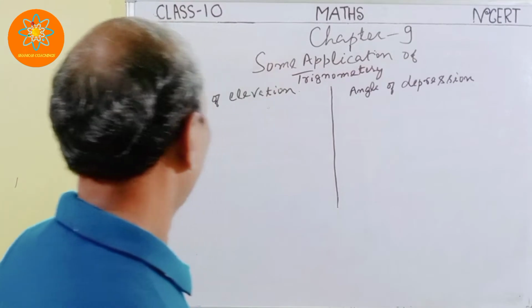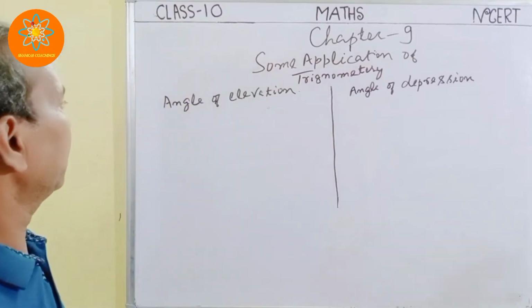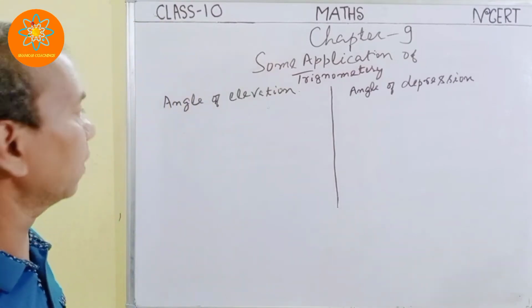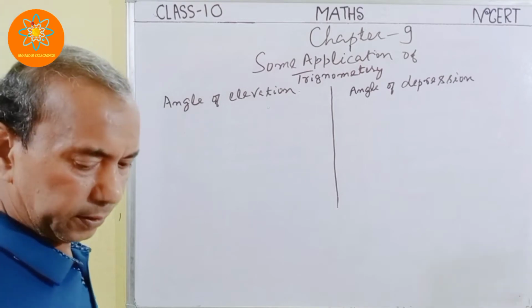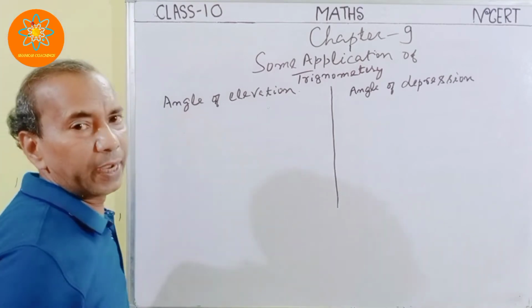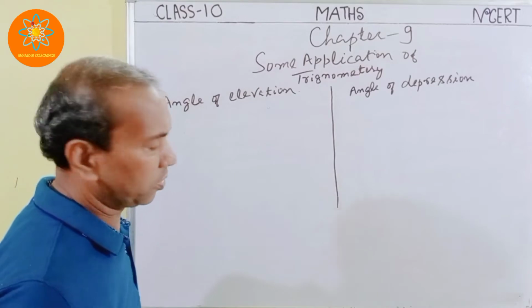Two types of angles are given. One is the angle of elevation, another is the angle of depression. Okay. How to calculate the angle of elevation and angle of depression?